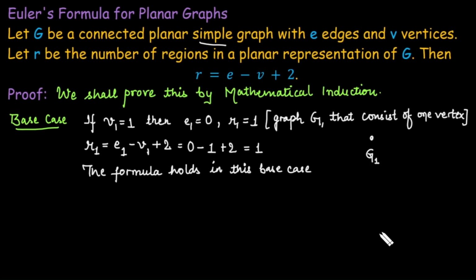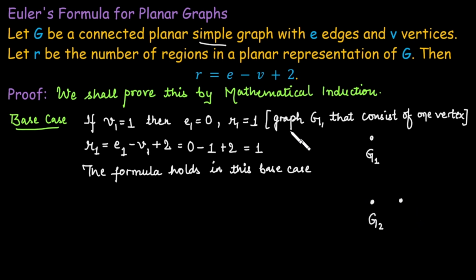Now let's introduce a new graph with the help of G1 and name it G2. How can we introduce a new graph with the help of the previous one? We can add a new vertex into this graph. We need to fulfill these conditions along with taking a new vertex.